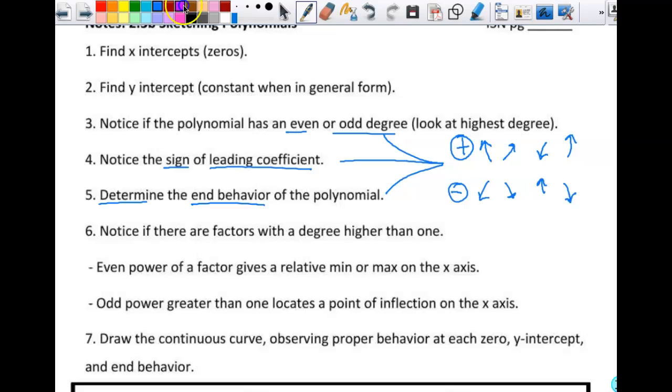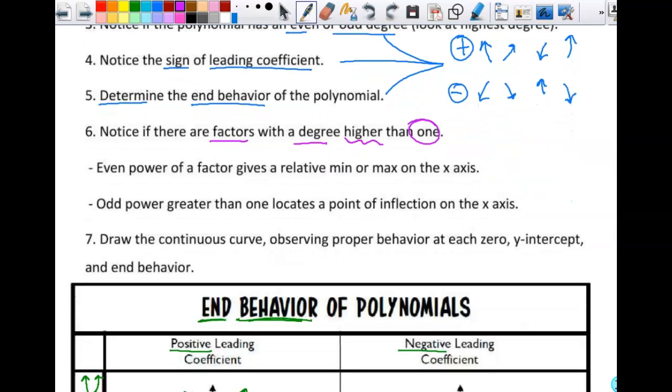Then we have to notice if there are factors with a degree higher than 1, because then things happen when that is the case. An even power of a factor gives a relative min or max on the x-axis.